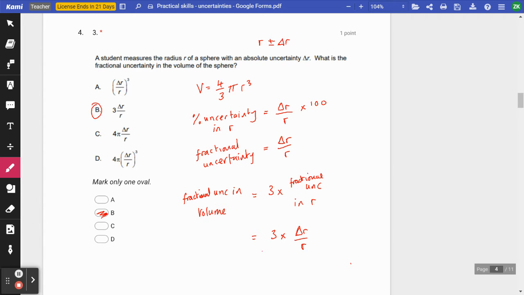We are not looking at percent, we are looking at fractions. So the fractional uncertainty in volume is 3 times the fractional uncertainty in r. And we said that the fractional uncertainty is delta r over r. So it's 3 times the fractional uncertainty, which is this here.